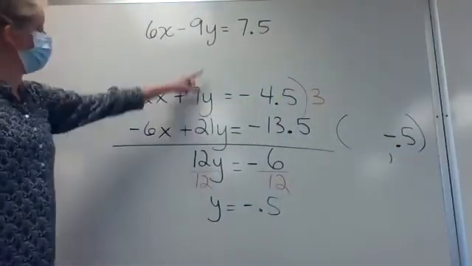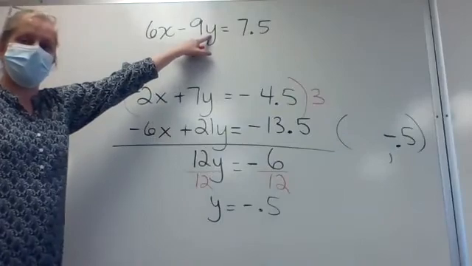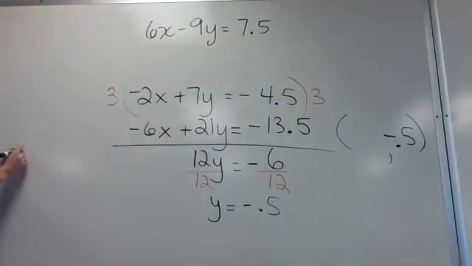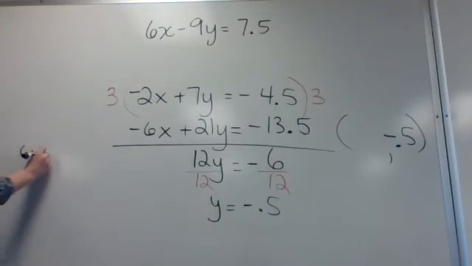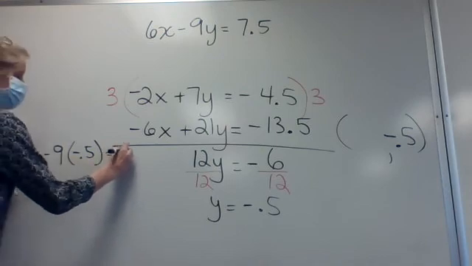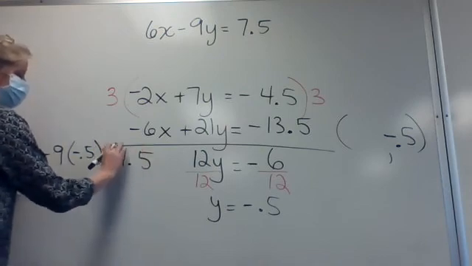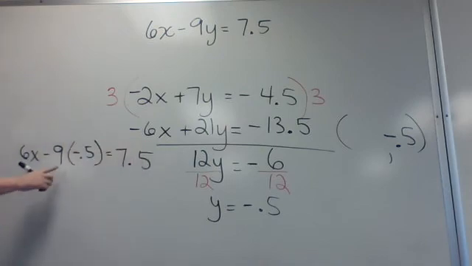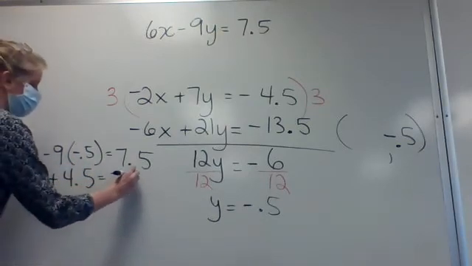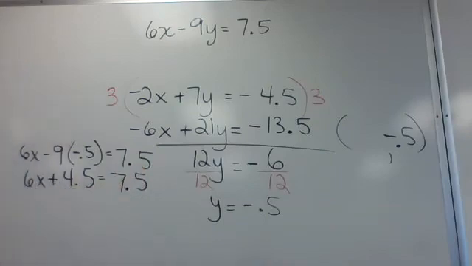So when I go up to my original, I'm putting negative 0.5 in this spot. So I have 6x minus 9 times negative 0.5 equals 7.5. It's negative times negative, so it'll be positive 4.5. So 6x plus 4.5 equals 7.5.